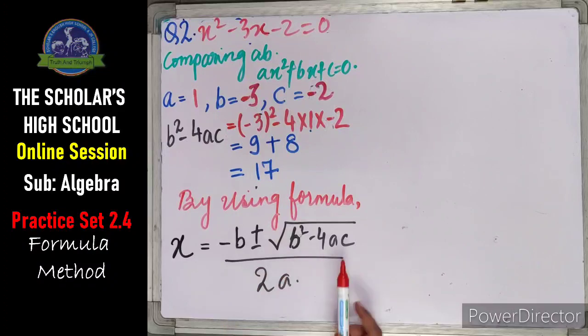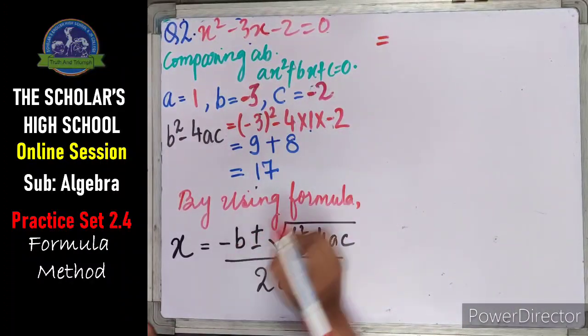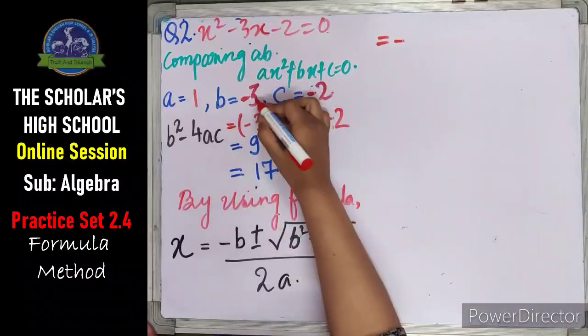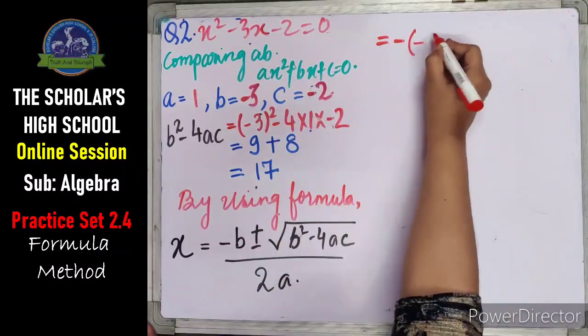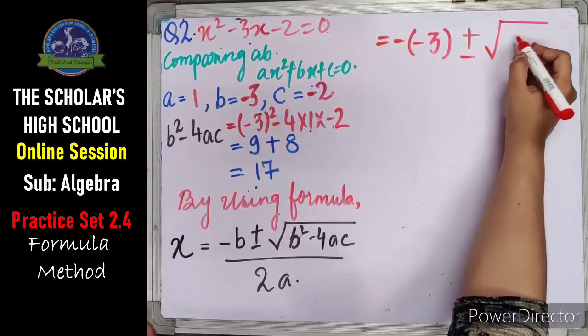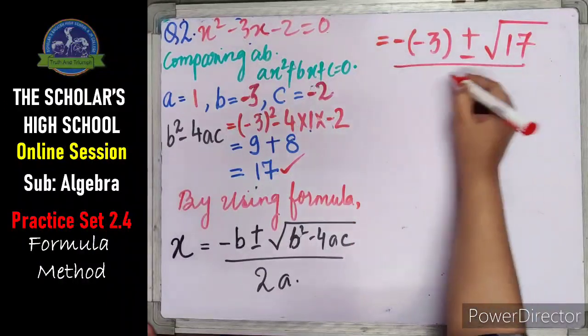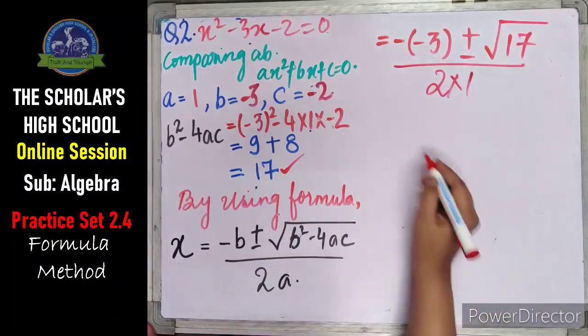Now by using the formula, you are going to write the formula and put in the values. Minus b, and the value of b is minus 3, plus minus root b square minus 4ac, we have found 17, upon 2 multiplied by 1.